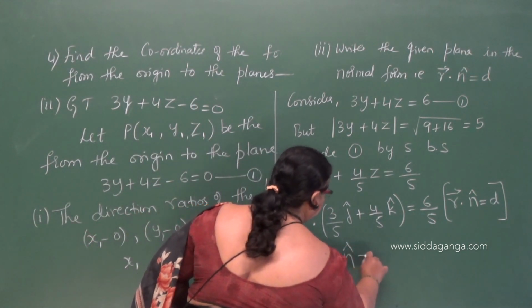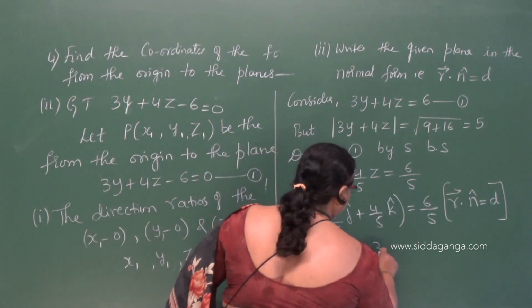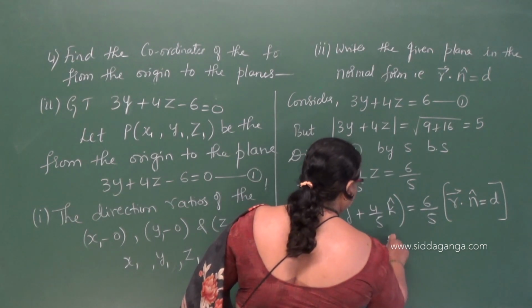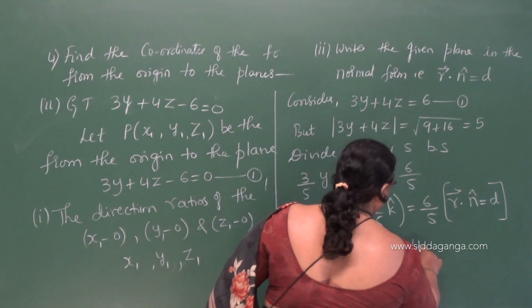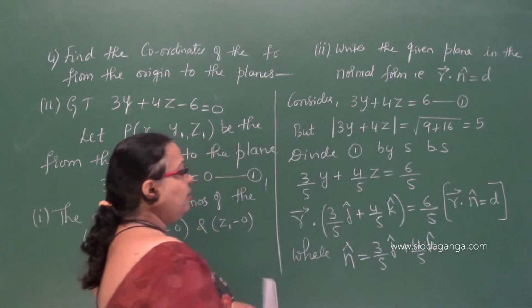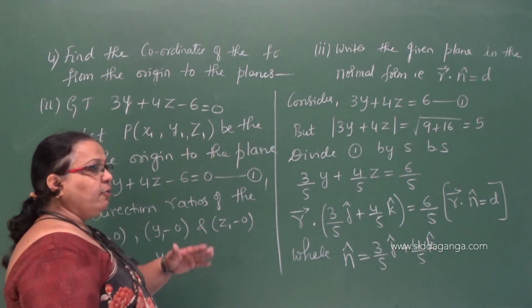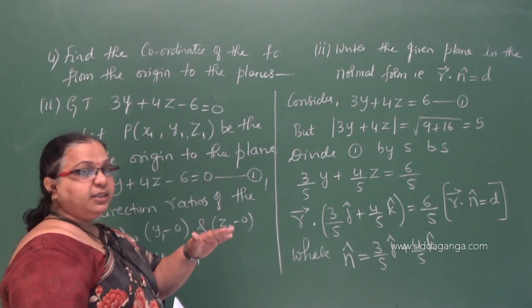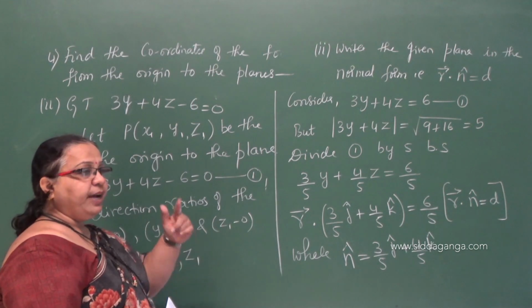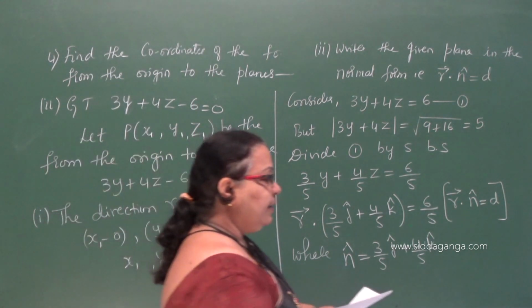Where n cap is equal to 3 by 5 into j cap plus 4 by 5 into k cap. This is the unit normal vector whose components are called the direction cosines of vector n cap.